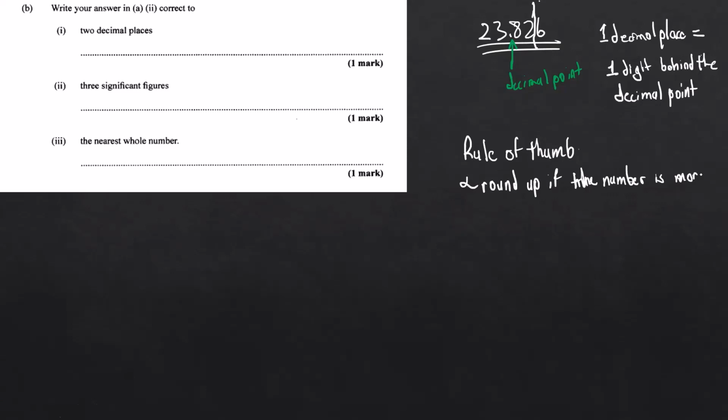I should use a more than sign, but I'm writing it out in words. Actually, we don't say more than 5, because if it's 5 or more, you round up. That's the rule of thumb.